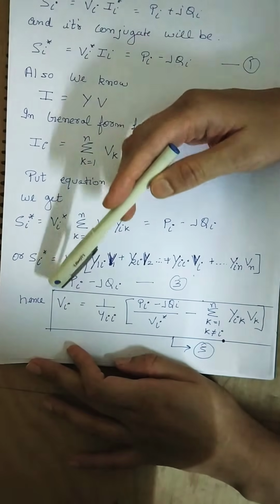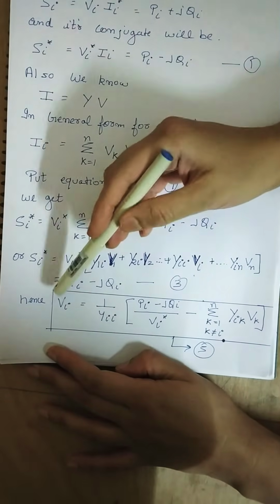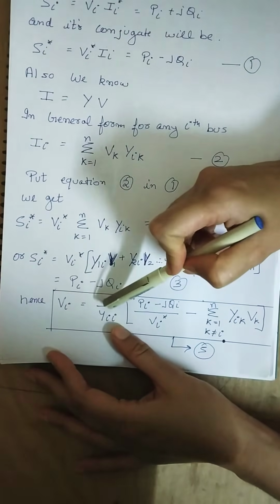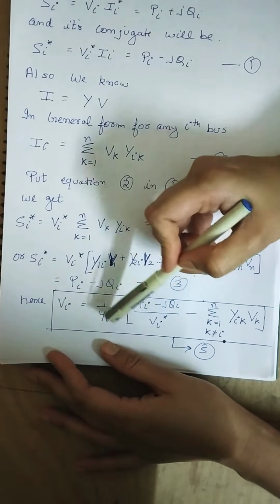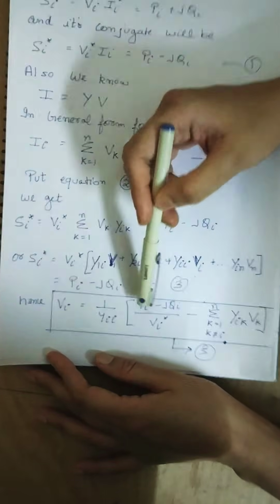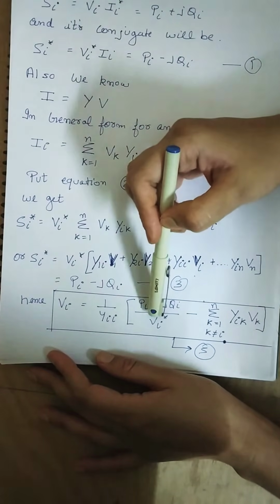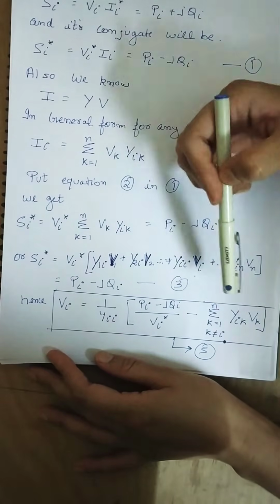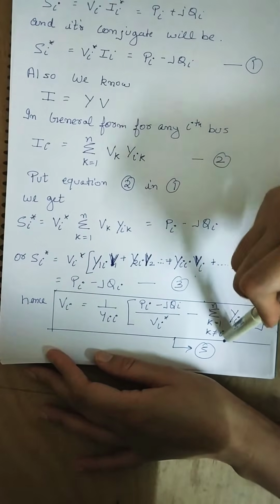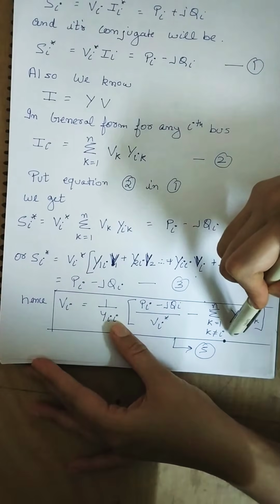What this equation says is that the voltage at the ith bus is equal to its own admittance, which is Y_ii, which we get from the admittance bus matrix, bracket P_i minus jQ_i, divided by V_i conjugate, minus sigma Y_ik V_k, where k goes from 1 to n, but k cannot be equal to i because the k equal to i value we have already considered here.